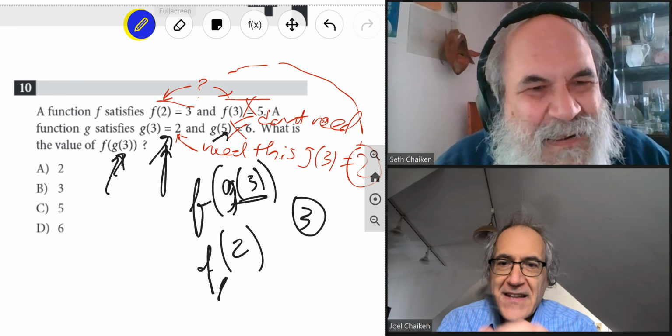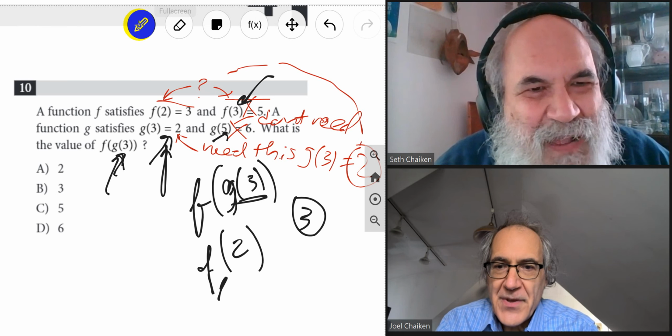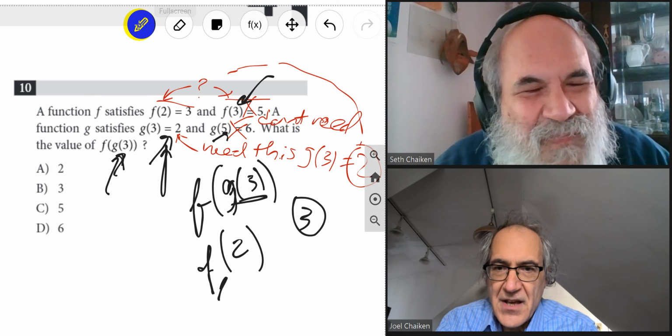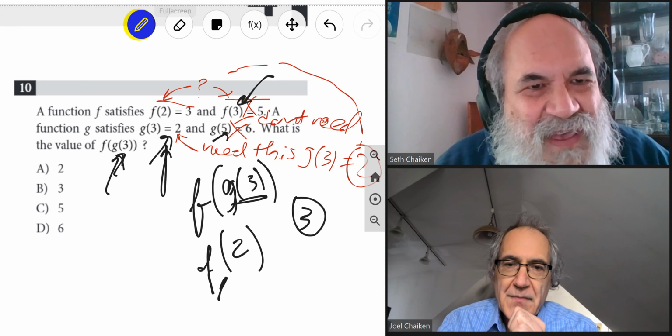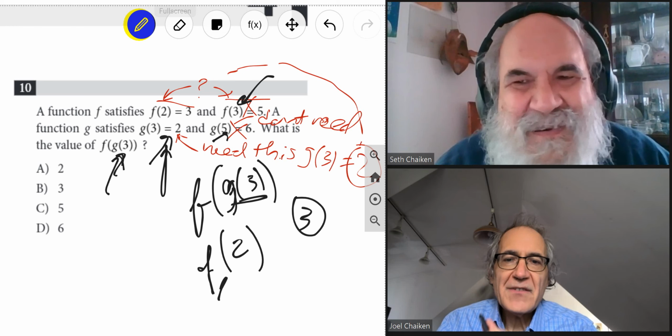And then they throw the f of 3 in here because you can get messed up. You could have taken f of 3 to get 5, and then g of 5 to get 6. Right. Which is different.